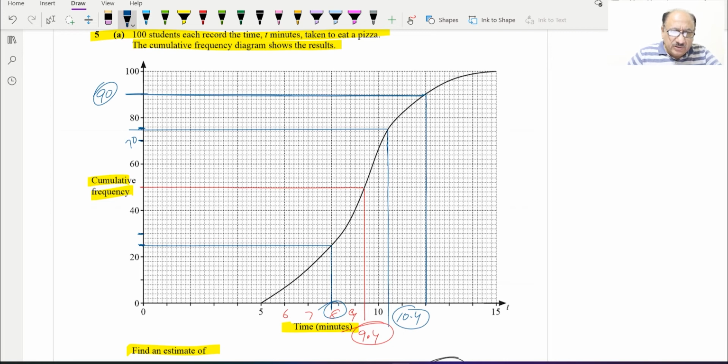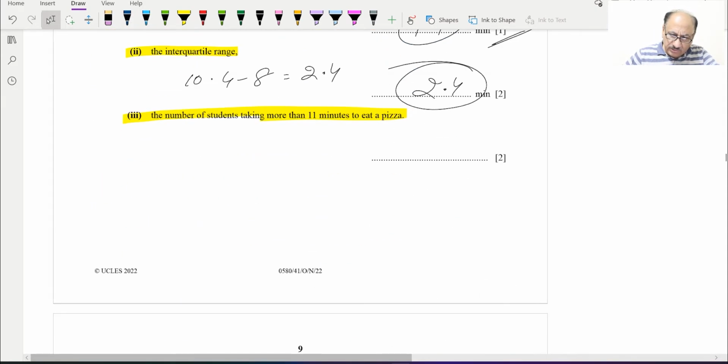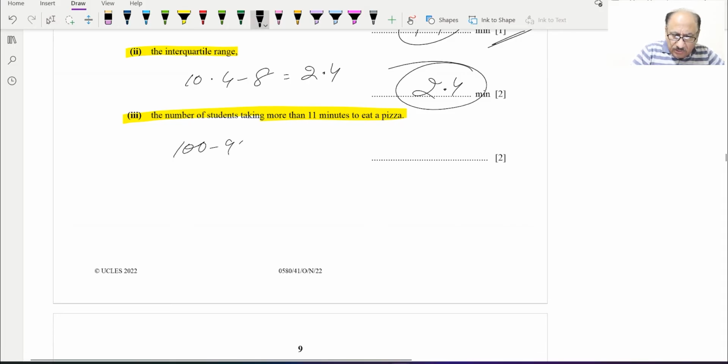Above 90 is 10. Roughly, 100 minus 90 is 10 basically. So 10 will be our answer for students taking more than 11 minutes.